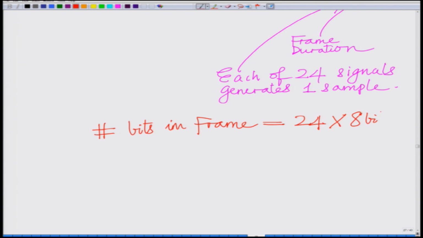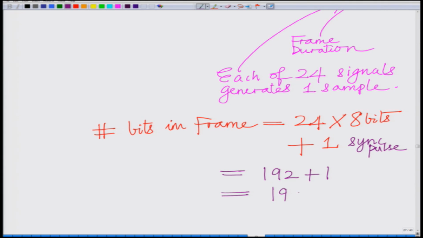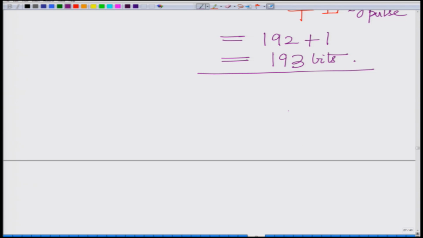So, 24 into 8 plus 1 synchronization bit, that is 192 plus 1 sync bit, that is equal to 193 bits. Total bits per frame equals 193.